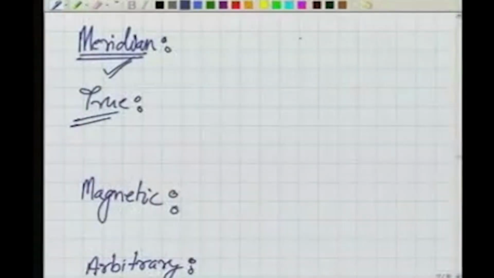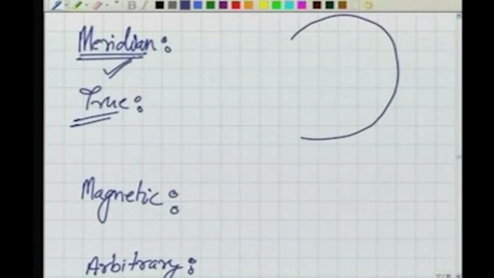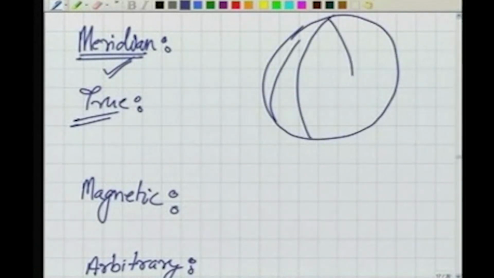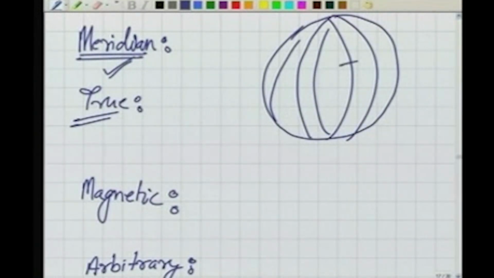For a small survey, for example, because our earth is like this, all these true meridians will converge at the poles. But for a very small survey, we can consider the true meridians to be parallel. For example, here there is one true meridian, another one here, another one here.